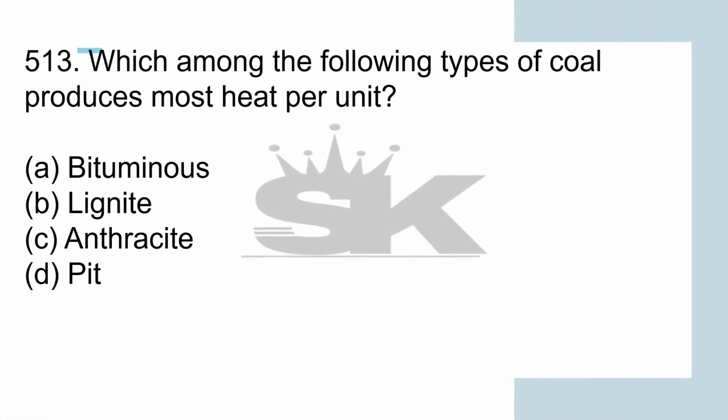Which among the following types of coal produces most heat per unit? That is anthracite. Okay, and it has around 86 to 98% of the carbon content present.